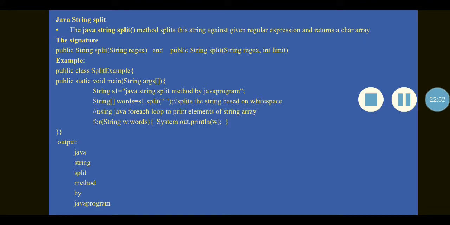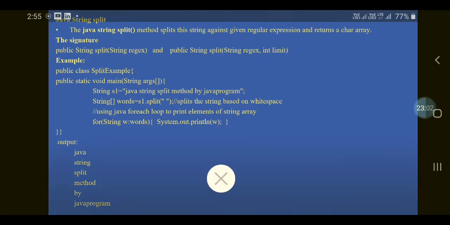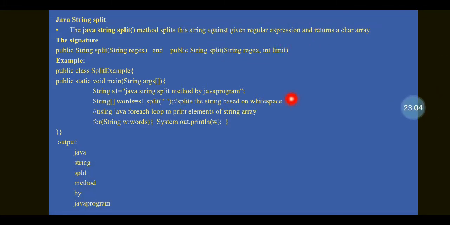The next method is the split() method. The split() method is used to split the string against the given regular expression. So here let us consider the regular expression. Java string split method, "Java program"... the original string is stored in s1. s1.split(" "). Here the space will act as the expression.